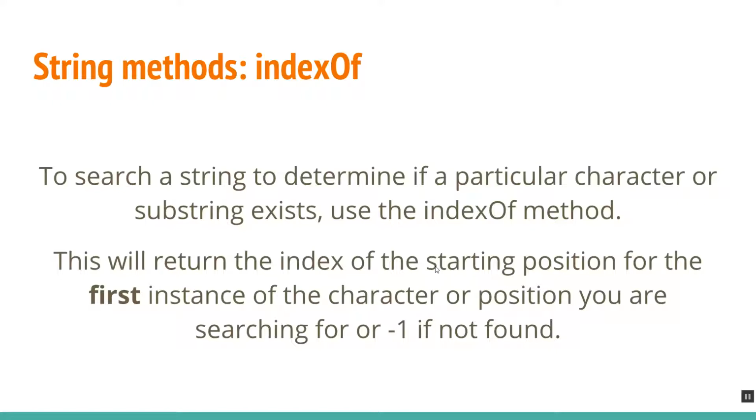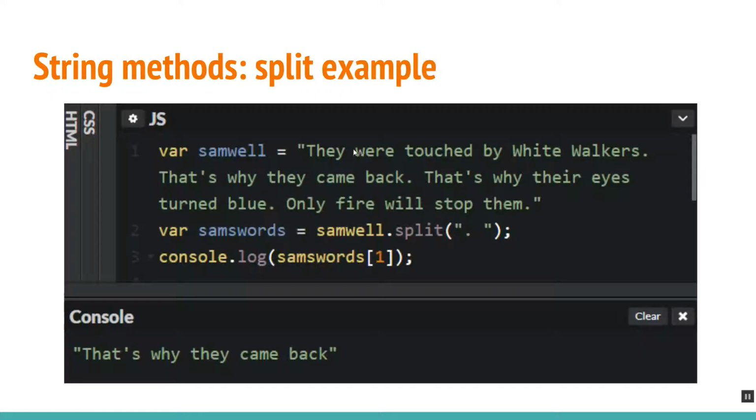Another really cool one is indexOf. So if you want to search to see if your string contains a character or a set of characters, you can use indexOf. When you use indexOf, it's going to return the position of the first instance that it finds. So if it doesn't find it, it's going to give you a -1. So let's say I was doing indexOf the word they.